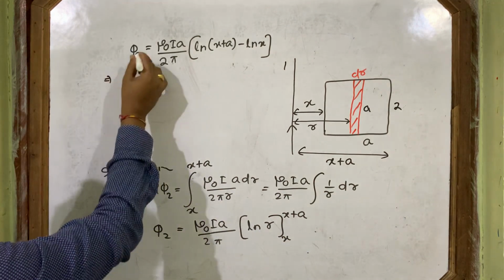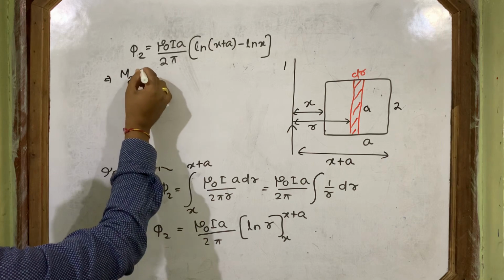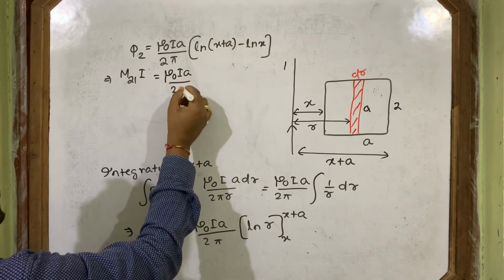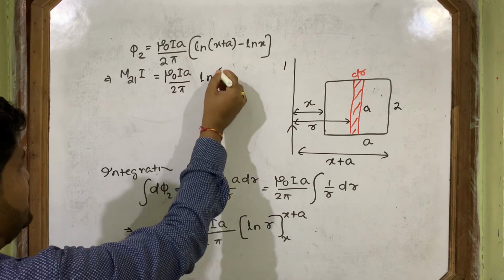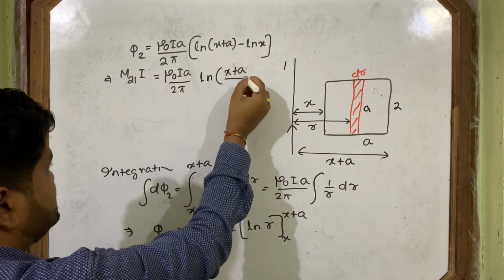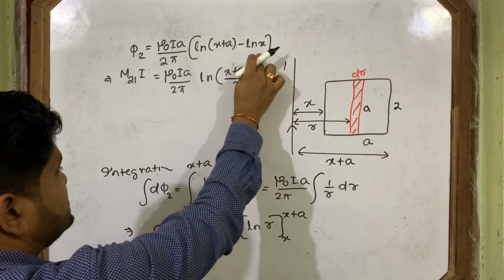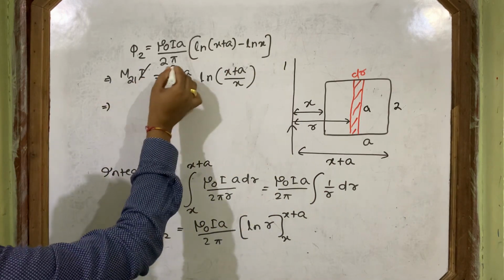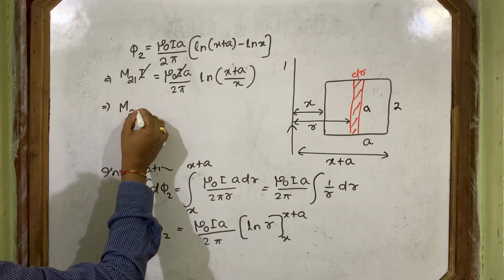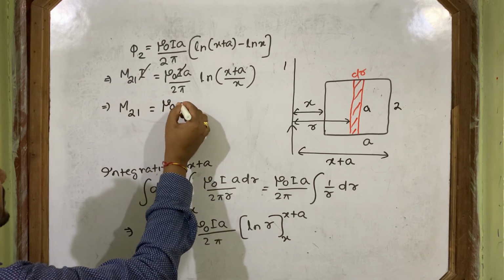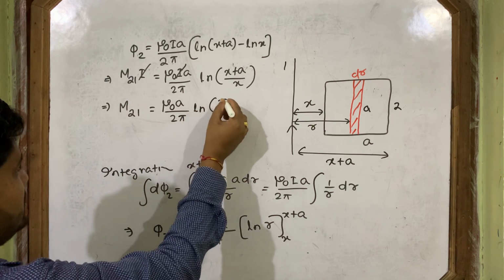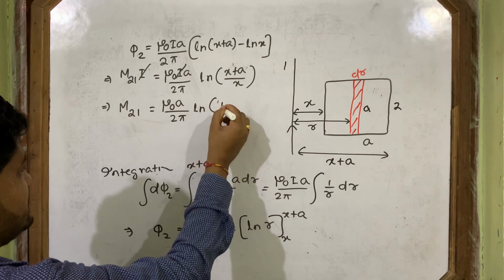But this phi 2 is M21 into I. So M21 I equals mu naught I A by 2 pi times ln of x plus a by x, using the formula ln a minus ln b equals ln a by b. I cancels from both sides. So M21 is equal to mu naught A by 2 pi times ln of 1 plus a by x.